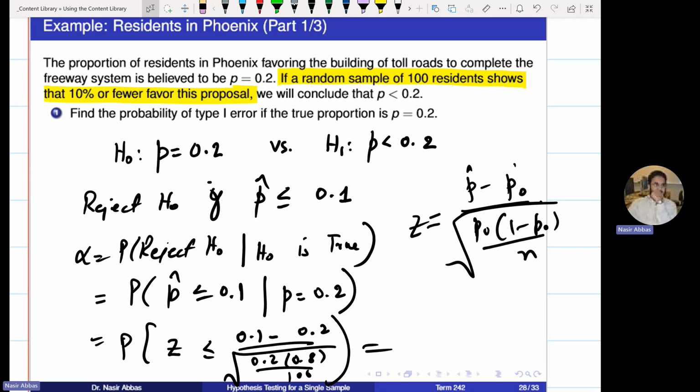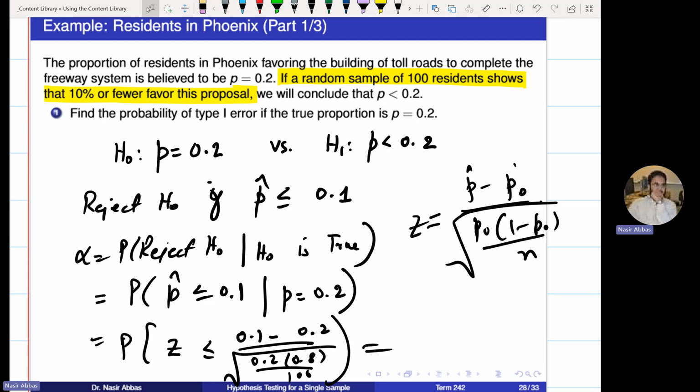Yeah, find alpha and take 1 minus. What is the significance level? What is alpha? Alpha is the significance level. 1 minus alpha is the confidence level.